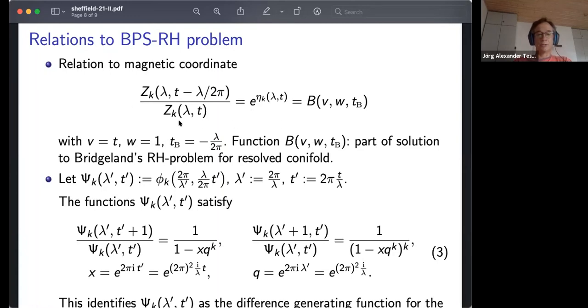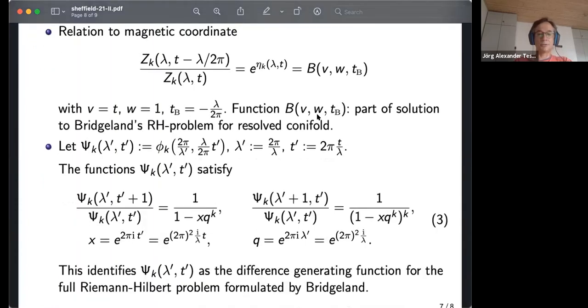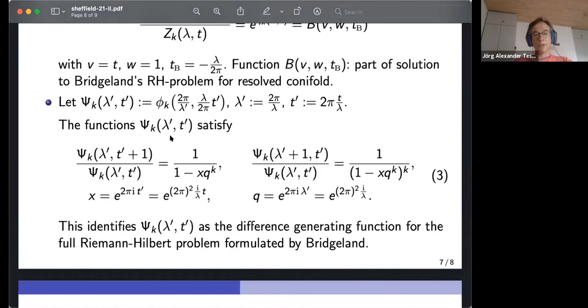So this is an analog of Kohai's identity relating a magnetic coordinate to a partition function, and what comes out is part of Tom's Riemann-Hilbert problem. What is also very suggestive is that you can look at the jump functions as functions of slightly redefined variables. With these variables, it really looks like these jump functions have all the properties to be identified with difference generating functions.